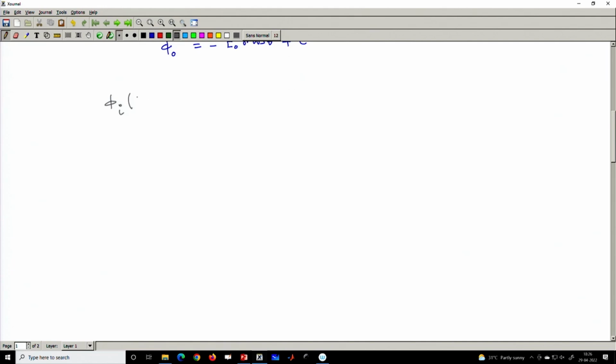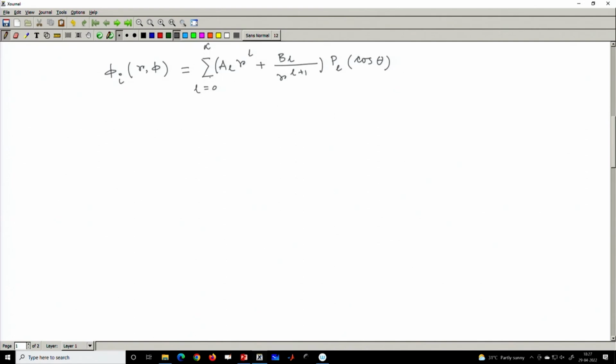I can have the direct solution, which we derived in the last class: the sum of A L r to the power L plus B L divided by r to the power L plus 1, times P L cos theta, with L going from 0 to infinity. That is the general solution we already derived.